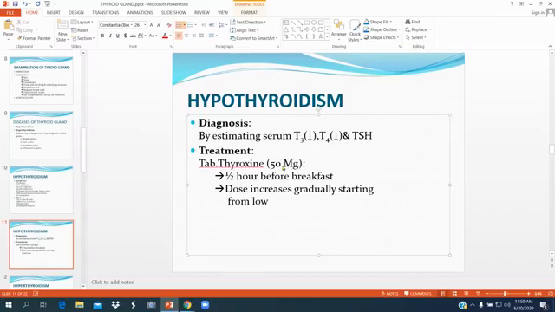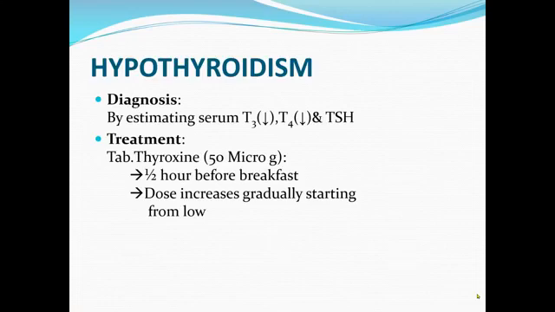The usual starting dose is one tablet. The dose increases gradually, starting from low. It may be 2 or 3 tabs daily according to requirements, but start from a low dose, that is 50 microgram, half an hour before breakfast.